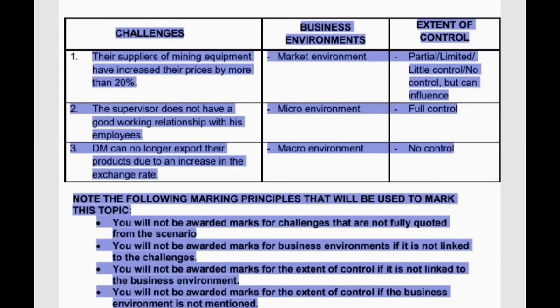Challenge number 3 is that DM can no longer export their products due to an increase in the exchange rate. That's macro, M-A-C-R-O, which means they do not have control at all.